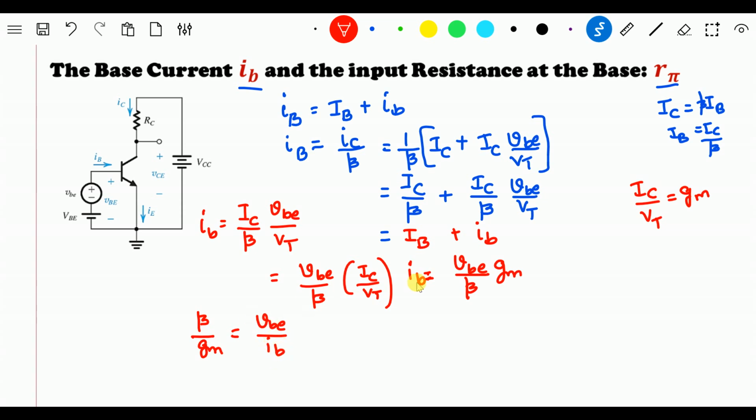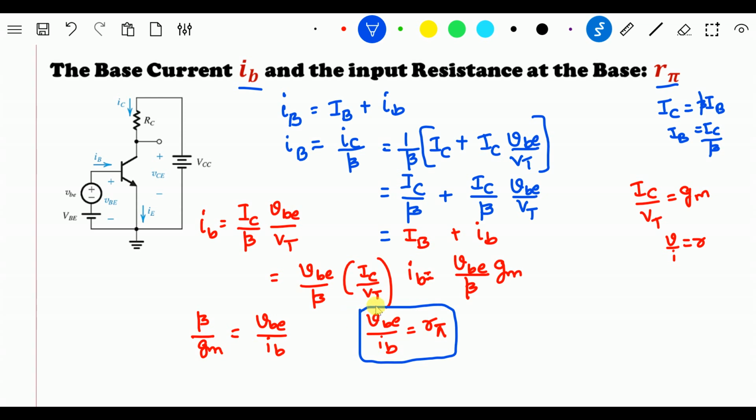This small vb by ib, V by I, is a resistance R. But here, the AC base-emitter voltage divided by the AC base current is actually equal to the input resistance at the base. So this is your r pi.